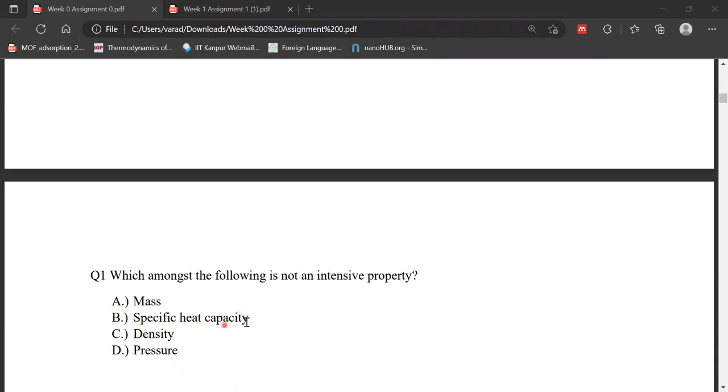Specific is divided by quantity, so specific will also not be dependent. So all are independent. So you think none of the options is correct, right? All four are not dependent on mass. Okay. So Narsimha, would you like to answer?